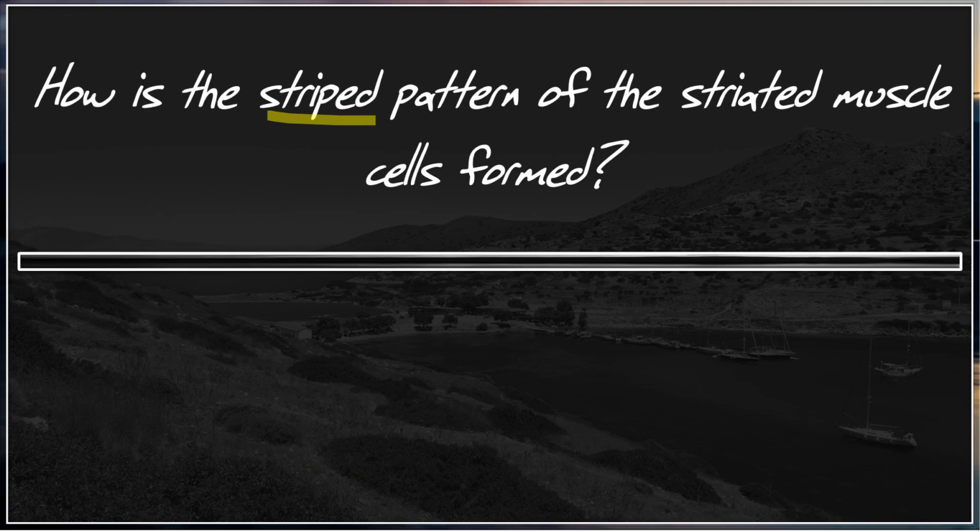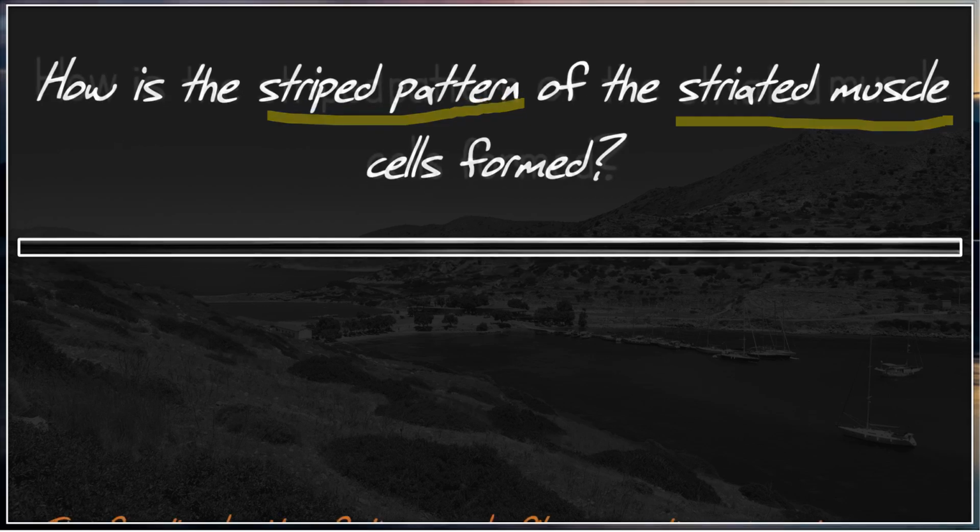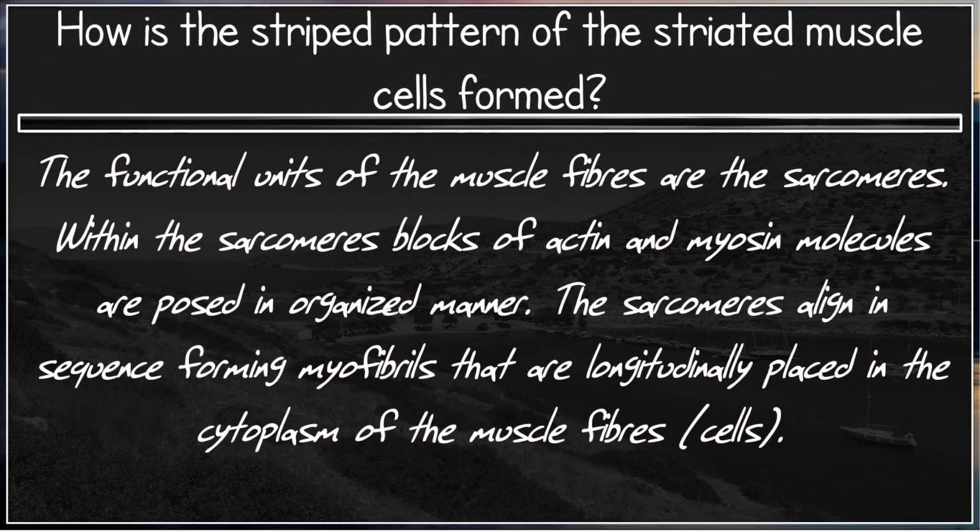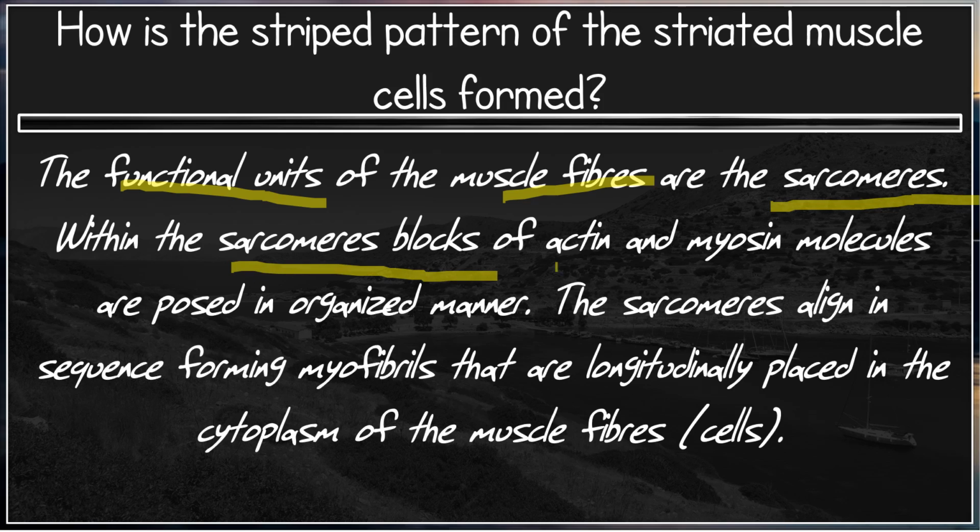How is the striped portion of the striated muscle cells formed? The functional unit of the muscle fiber is the sarcomere. Within the sarcomere, blocks of actin and myosin molecules are posed in an organized manner.